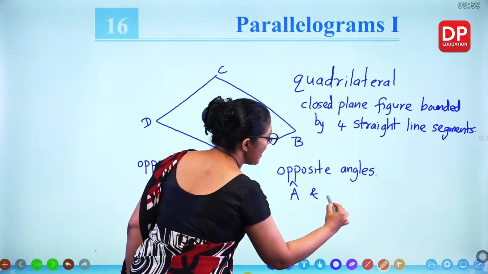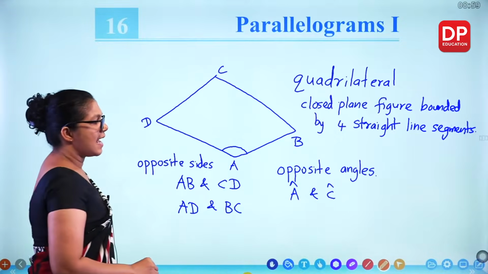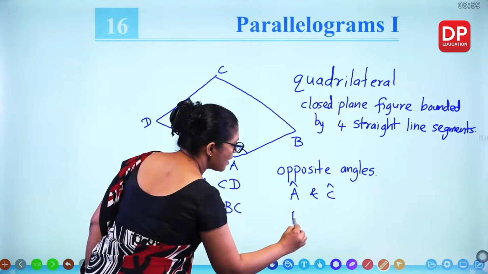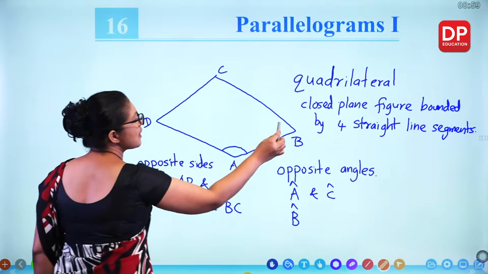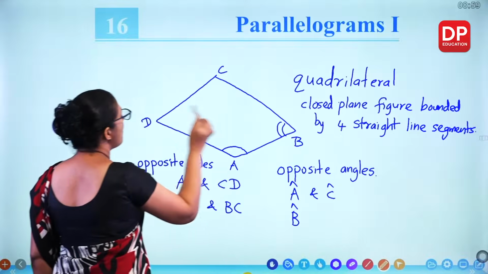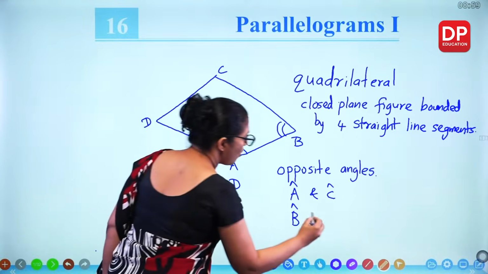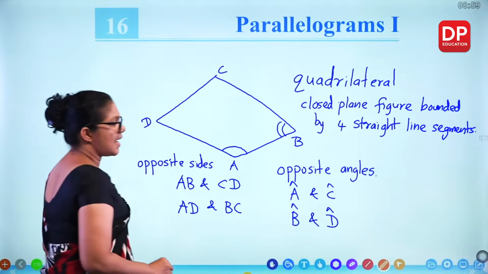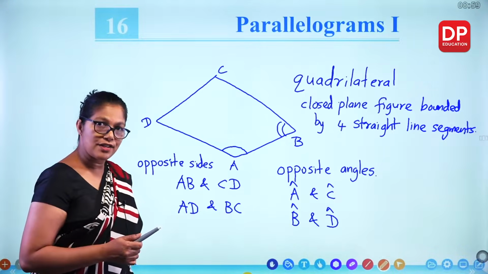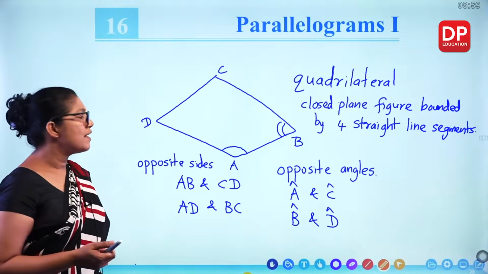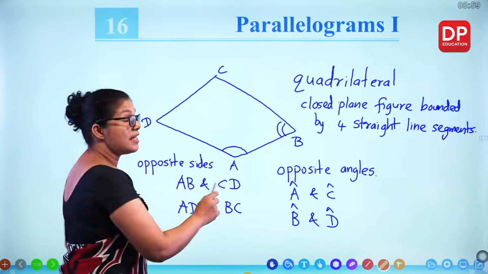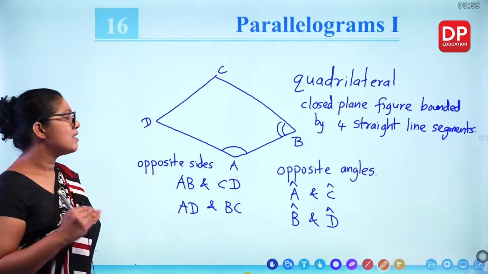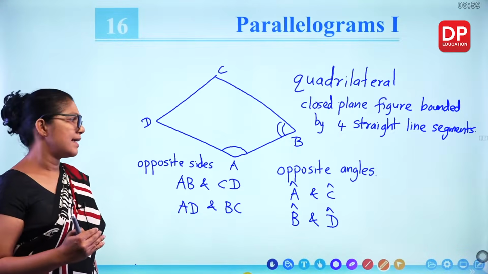A and C angles are opposite angles. If you take B angle, the opposite angle is D. B and D are opposite angles. So when you take a quadrilateral, that means four-sided figure, you need to identify what are opposite sides and what are opposite angles.